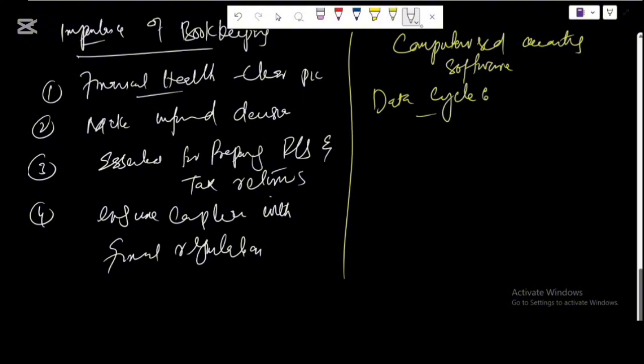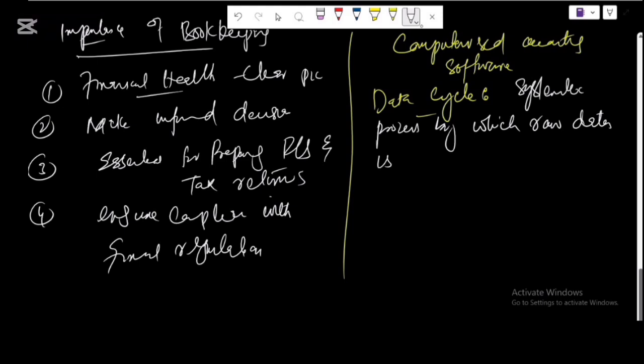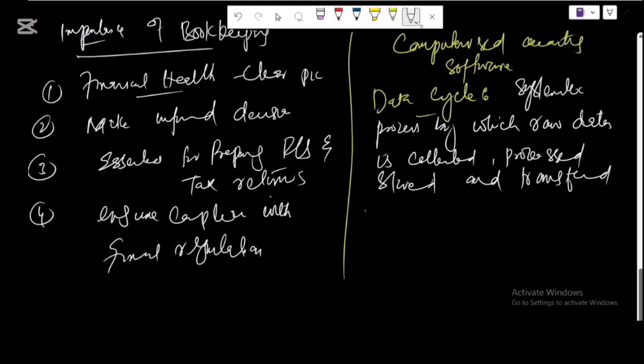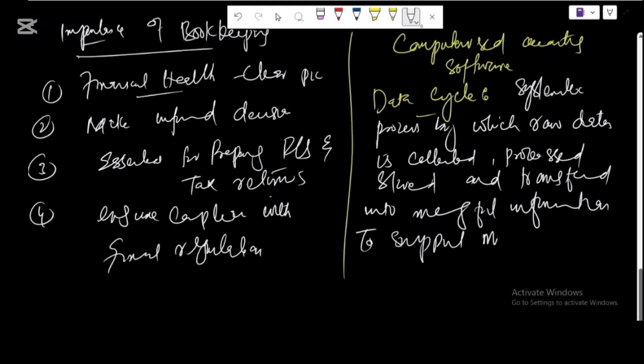First, you have to understand what we mean by data cycle. Data cycle actually refers to the systematic process by which your raw data is collected, then that data is processed, then stored, and then transferred into meaningful information, and you know that information helps the management for decision making.